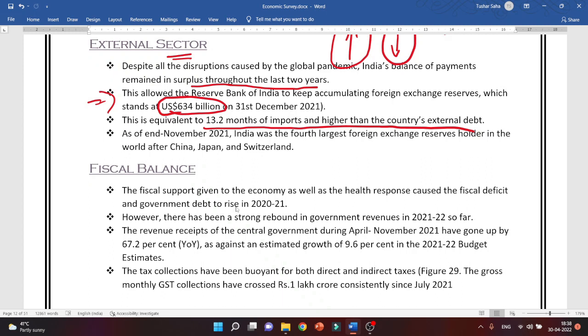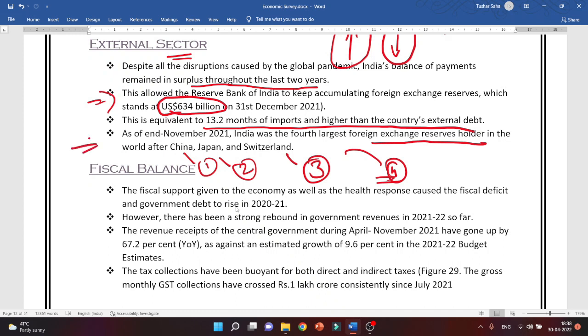So that's quite good. As of November 21, India was the 4th largest foreign exchange reserve holder in the world after China at number 1, Japan at number 2, Switzerland at number 3, and India at number 4, right? So this is again one of the very important points. They can directly ask you who has the top spot.